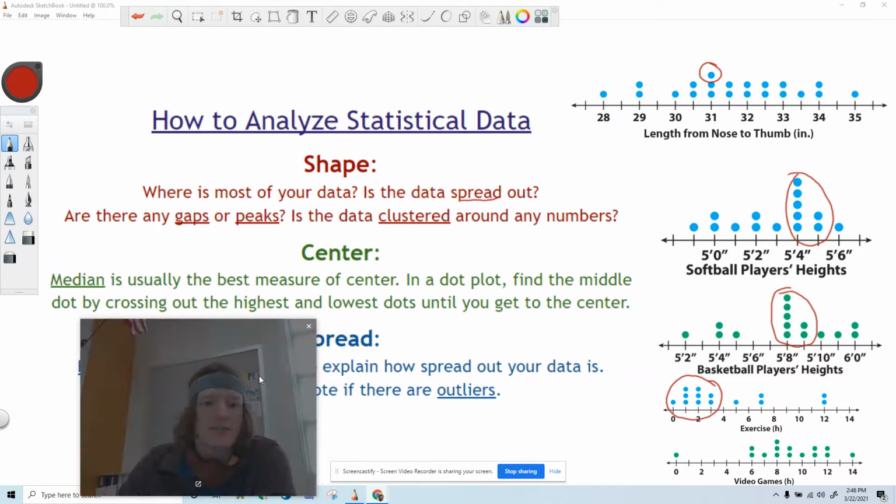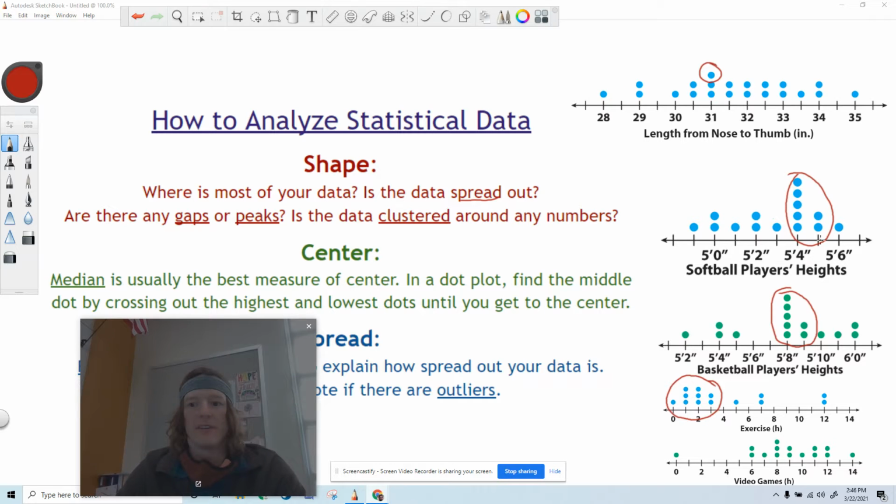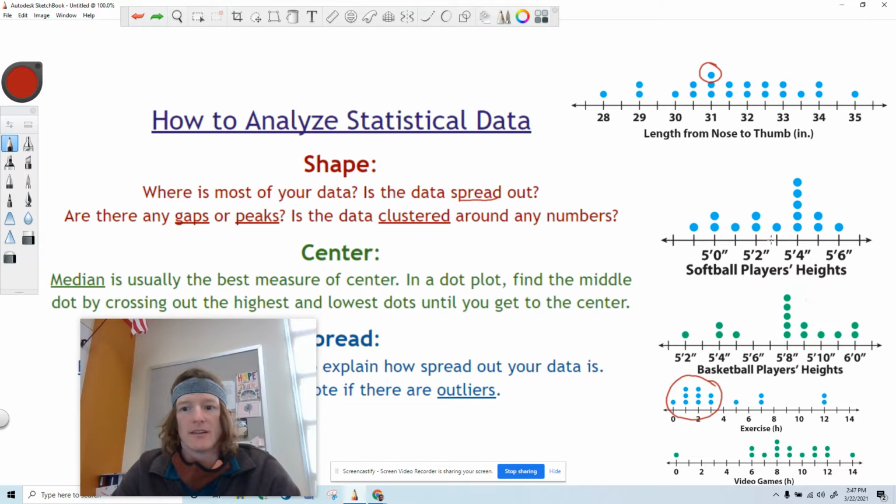When we talk about center, that's where we're finding the median. So in order to find the median using a dot plot, remember that each dot is a number. We'll just cross off the lowest and the highest, the lowest and the highest, again and again.